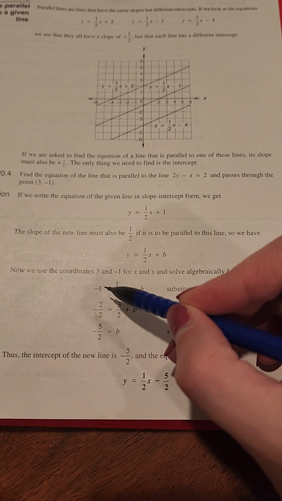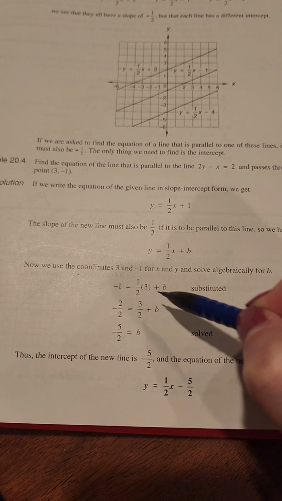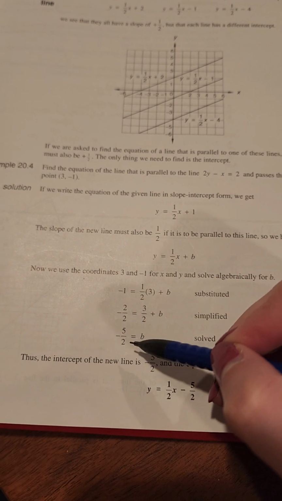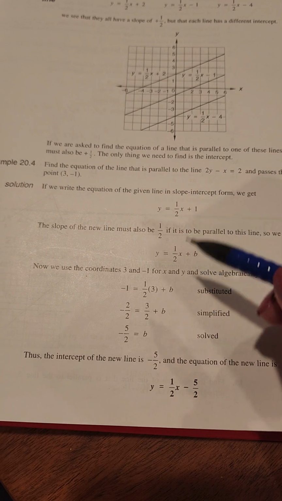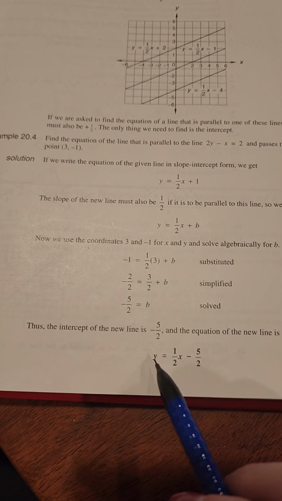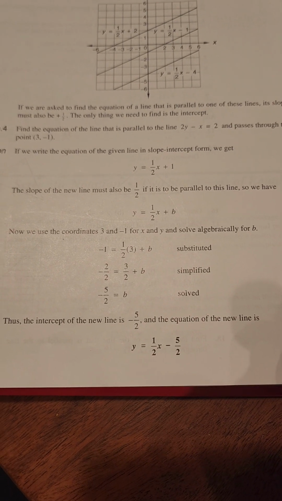So that's where we get that -1 equals 1/2 times 3 plus b. Works out beautifully to get this nice little fraction, -5/2 equals b. And that is my y-intercept. So now I can write my equation, y equals 1/2 x minus 5/2, and it just really wasn't that bad.